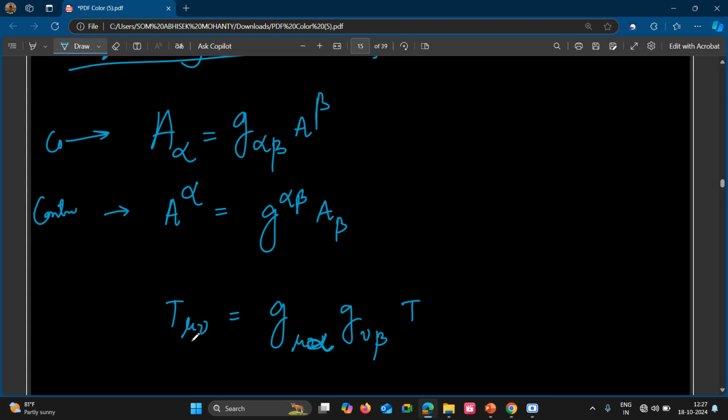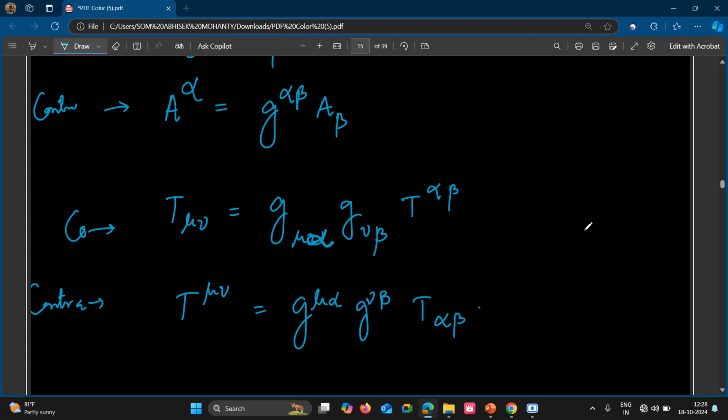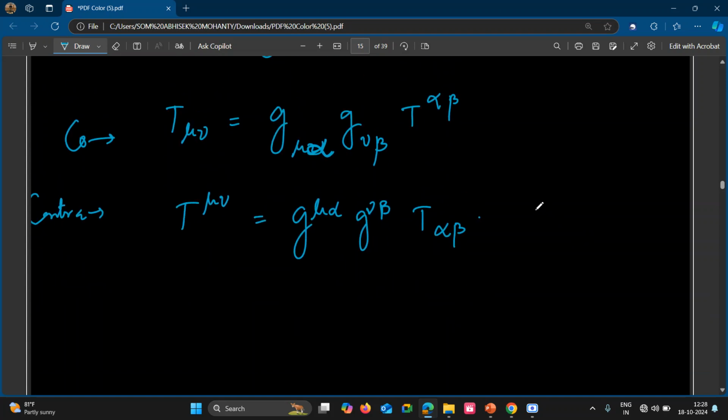Because this is mu nu, mu nu will remain, so we have to cancel alpha beta. This is the covariant form. So what will be the contravariant form? T mu nu is equal to, again, g mu alpha, g nu beta, and T alpha beta. Now I think you have got it. This is the contraction, called raising and lowering of tensor indices.